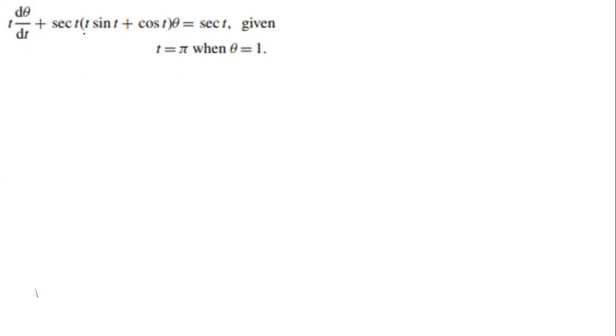Or if it is in a standard form, we are fine with that. And then have a look at your dependent and your independent variables, guys. Theta looks like the dependent variable. So if I were to write this equation in the standard form of linear, I'm going to have d theta over dt plus p theta equals Q. Remember, these are supposed to be cousins.